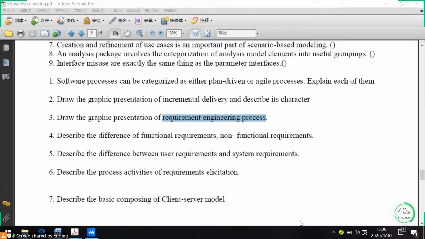Specification. Yes, requirements specification is one of the 4 main activities. Very good. Thank you, Saji. Yes, requirements specification and others. Requirements validation, yes.